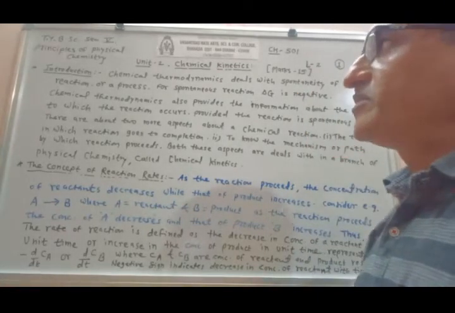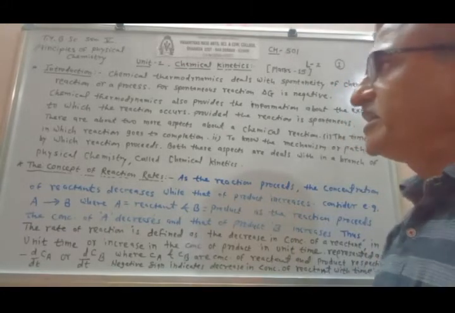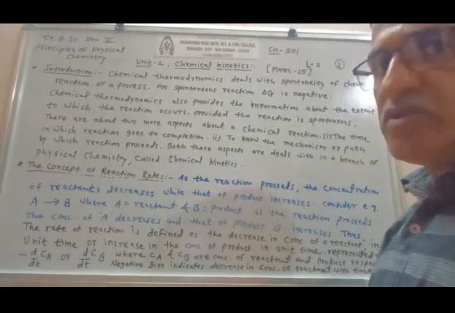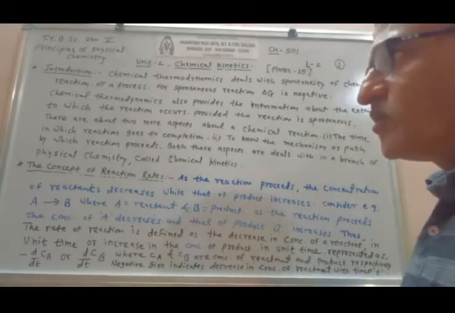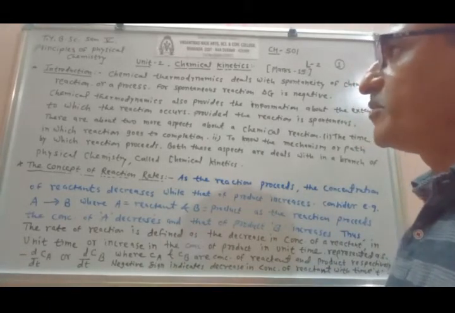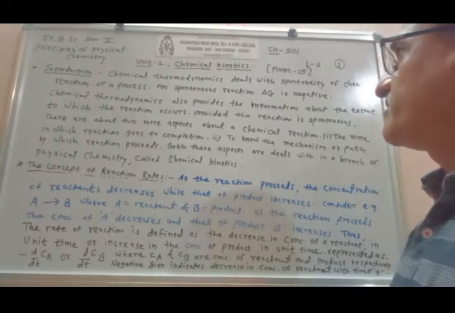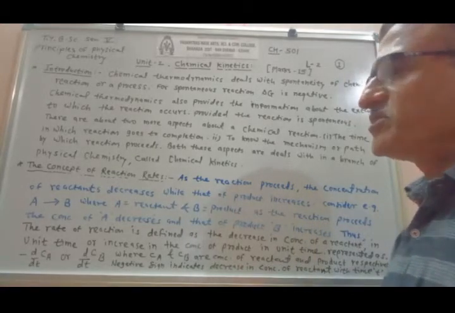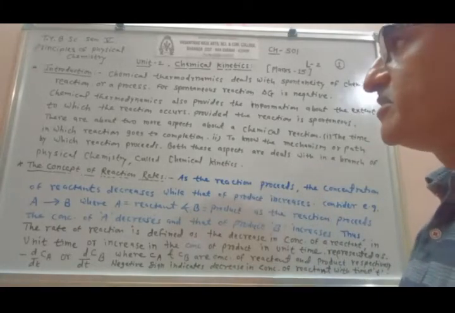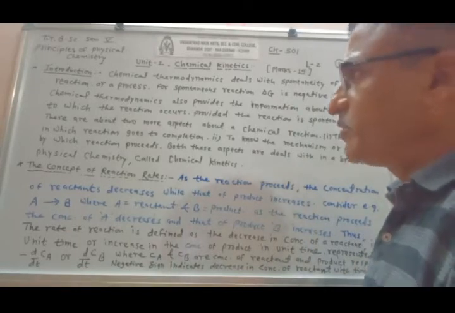Now, introduction. Chemical thermodynamics deals with the spontaneity of a reaction or process. A process which is carried out on its own accord is called a spontaneous or natural process. For a spontaneous reaction, delta G, the free energy change for any process or reaction, must be negative.